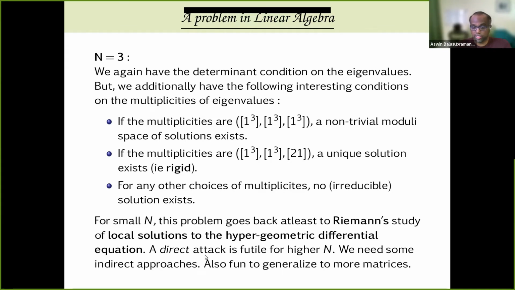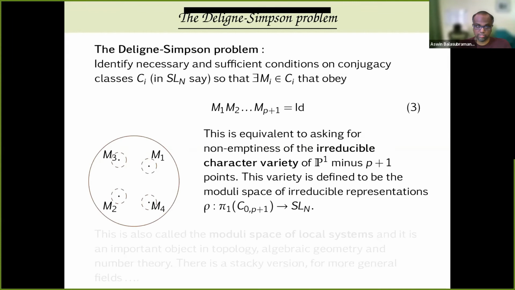So it turns out a direct attack on this problem for higher n is pretty hard. In fact, I don't know of a direct way to solve this problem. All known solutions go through some highly indirect approaches. But before I tell you about those approaches, I want to give you a generalization of this problem to more matrices. And that is what is called the Deligne-Simpson problem.